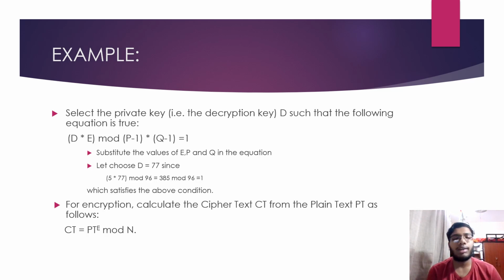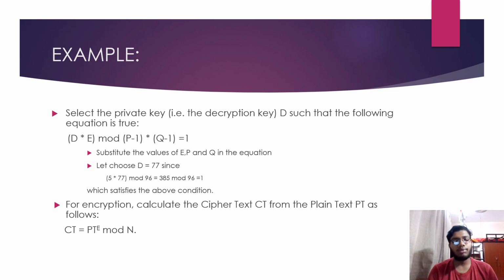Now we select the private key, that is the decryption key D, such that the following equation is true: D times E mod (p minus 1) times (q minus 1) is equal to 1. So here we substitute the values of E, p and q in the equation. Let us choose D equal to 77, since 5 times 77 mod 96 is equal to 1, which satisfies the above condition.